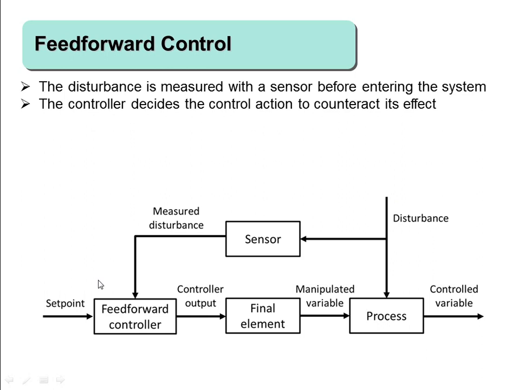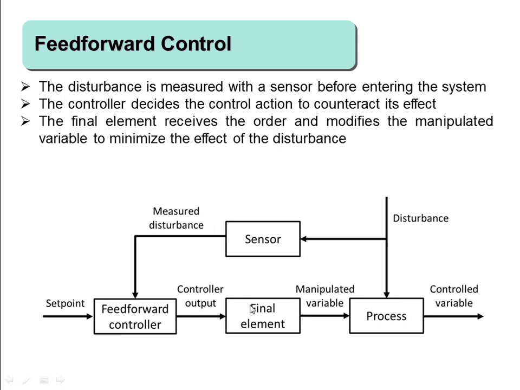So we have to have a good model here that calculates, based on the value of the disturbance and the desired value of the controlled variable, the best output, so that when the final element receives this value, it modifies the manipulated variable to minimize the effect of the disturbance.